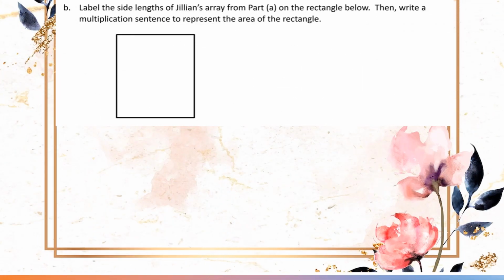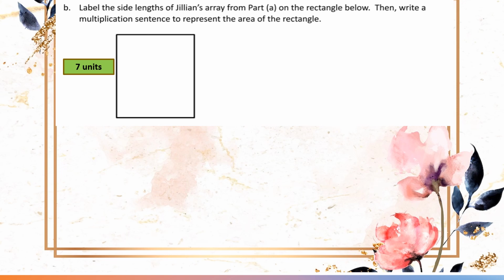Let's look at B. It says label the side lengths of Jillian's array from part A on the rectangle below. Then write a multiplication sentence to represent the area of the rectangle. Well, if you already did it for A, you don't necessarily need to redo it for B, but you can. All right, so for B, remember our length was 7 units, so you just write 7 units on this side.